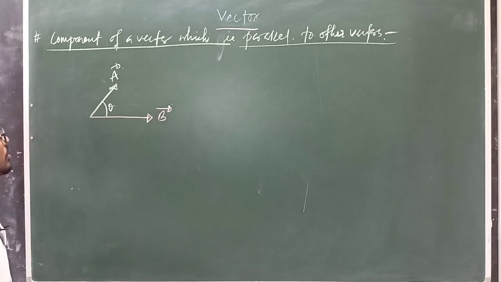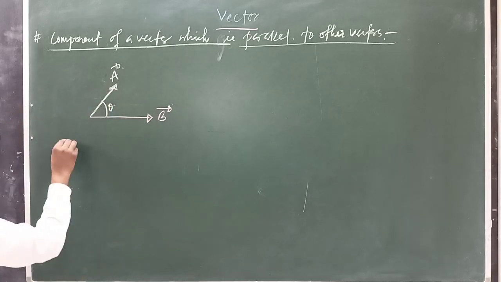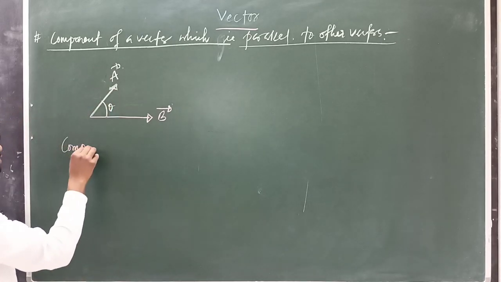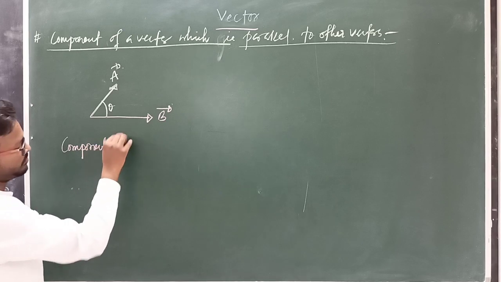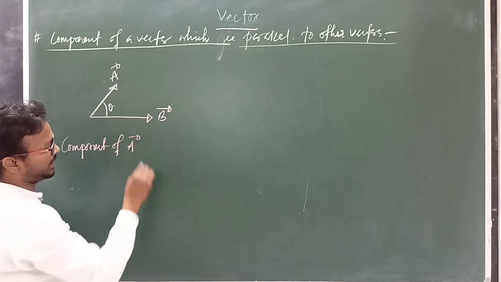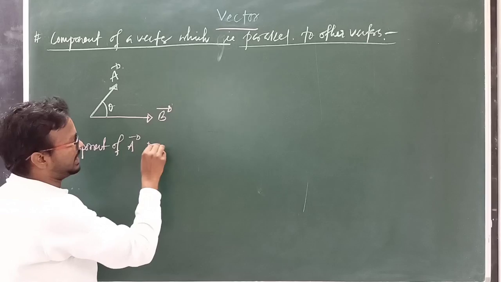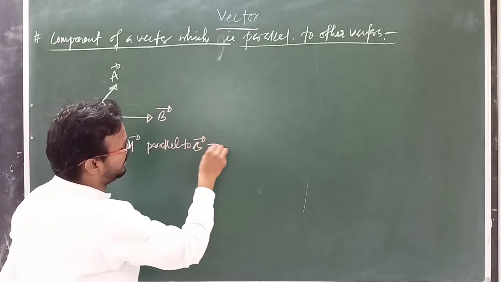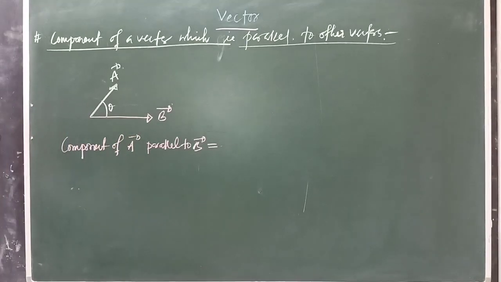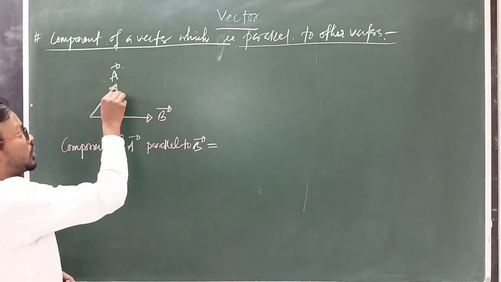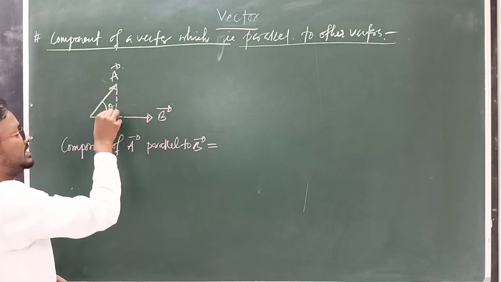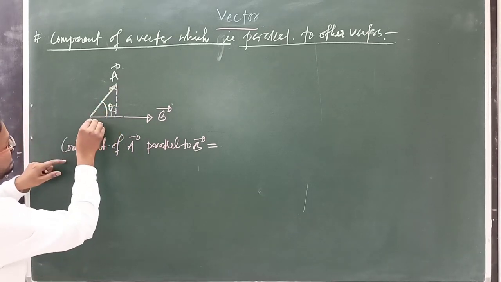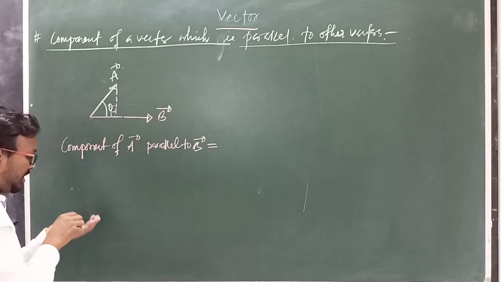Now we have to find the component of vector a parallel to b vector. How much? We have to find here. Clear? So for the component of a vector, first we have to make the component. Now draw a perpendicular here, this angle 90.